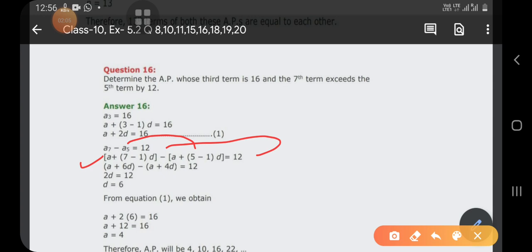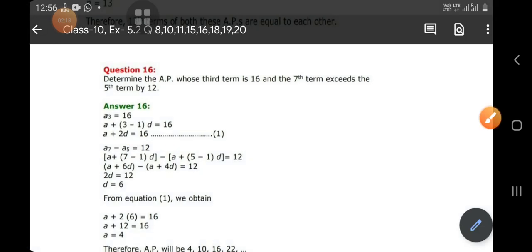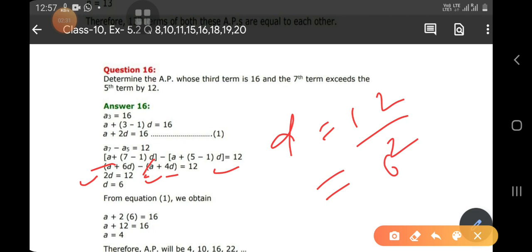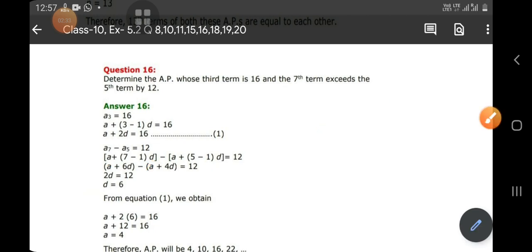Okay, now after calculation we get a plus 6d minus a plus 4d. This will be negative for both, so plus a minus a will be cancelled out, and 6d minus 4d is 2d. On the right side, that is 12, so d will be 12 by 2, it means 6. So we got the value of d, that is 6.